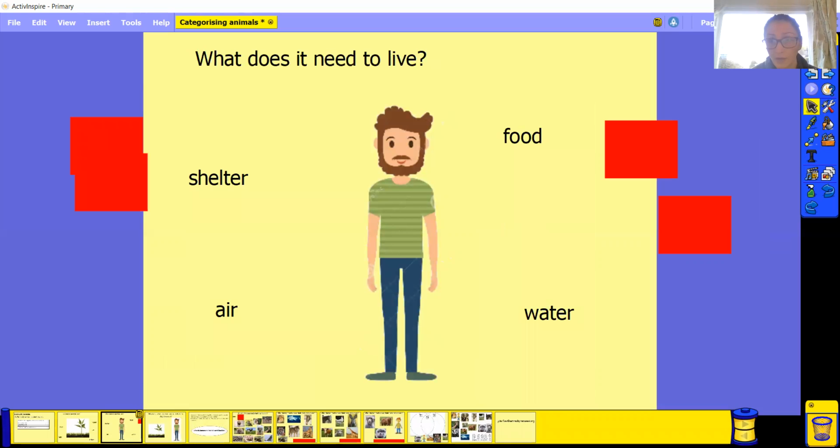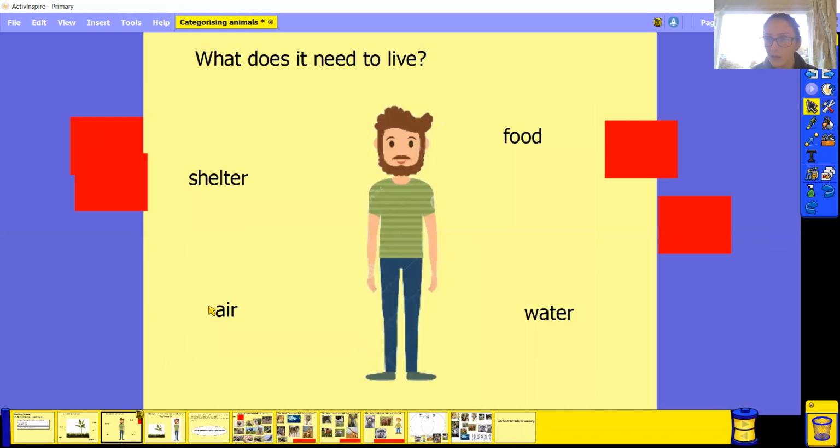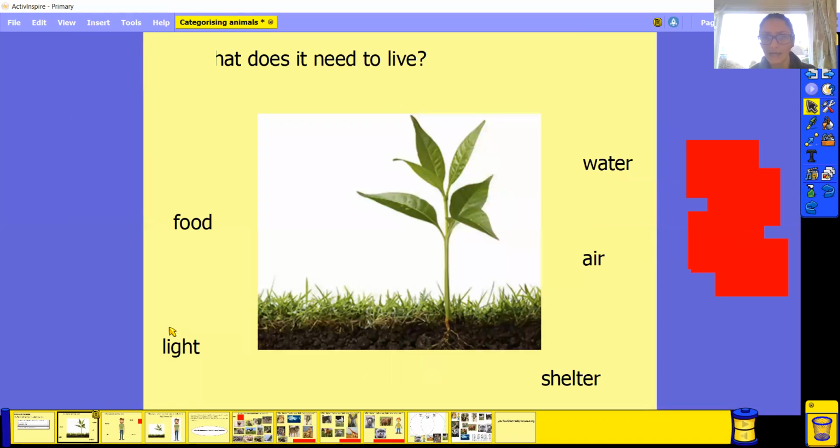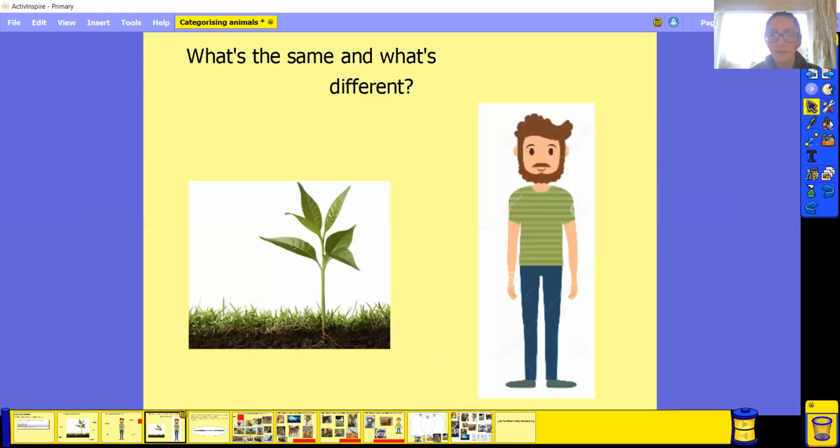We need to make sure that we're hydrated, that we have the right amount of water. We obviously need food. Plants get food from the soil, and we have to eat our food to make sure that we survive. But plants need light, and we don't. It's nice to have light, but we don't really need it to survive. Okay, so those are the sorts of things that are the same and different about plants and humans.